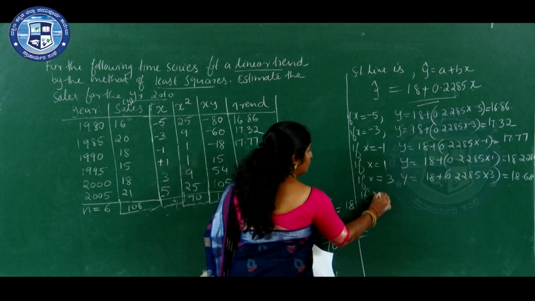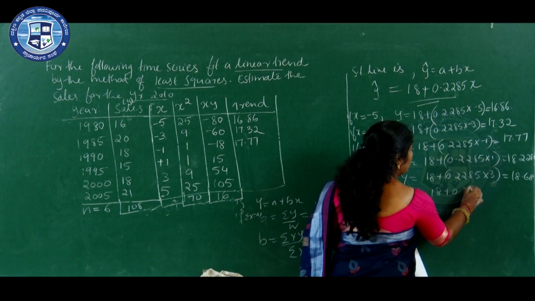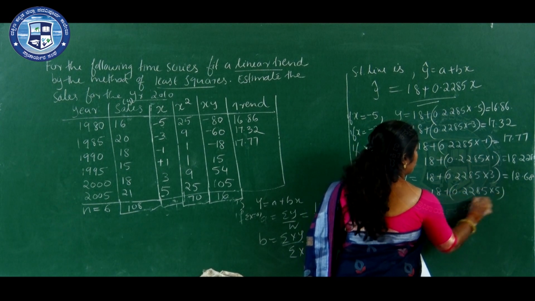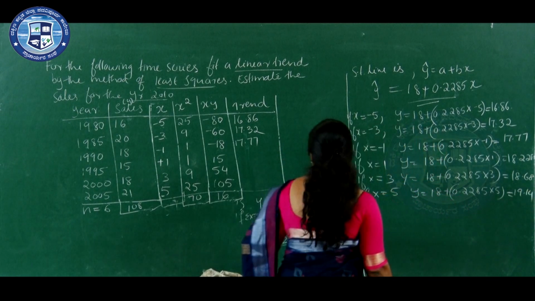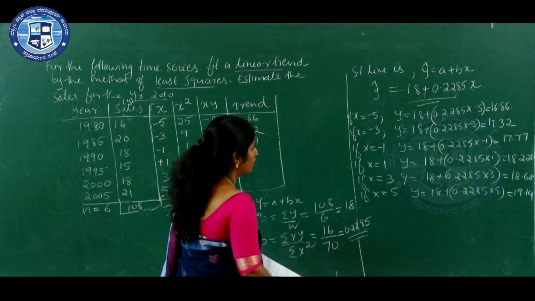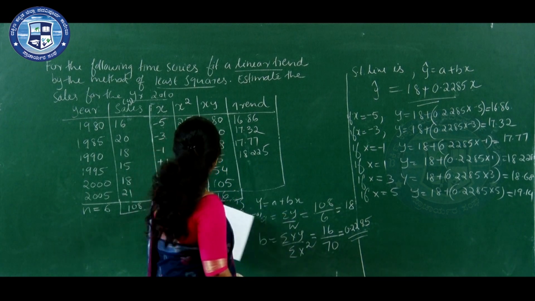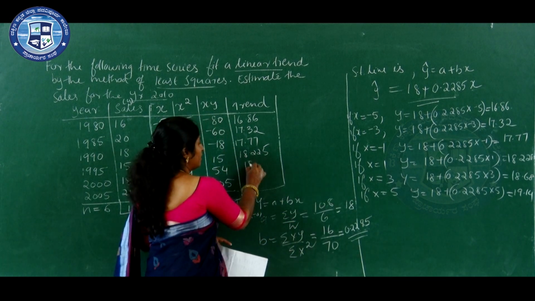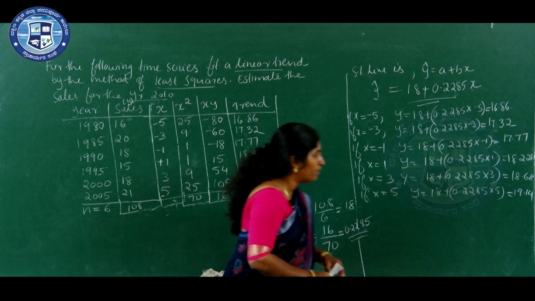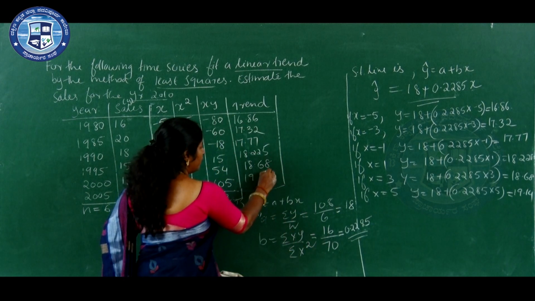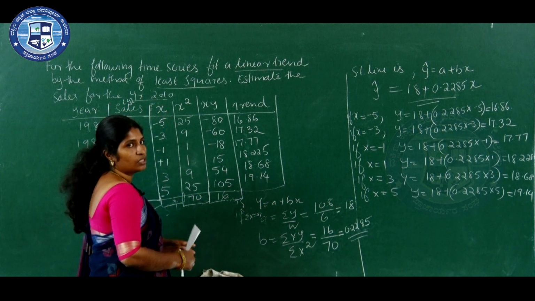If x is equal to 5, y is 18 plus 0.2285 into 5, so the answer is 19.14. Next is to estimate the sales for the year 2010.